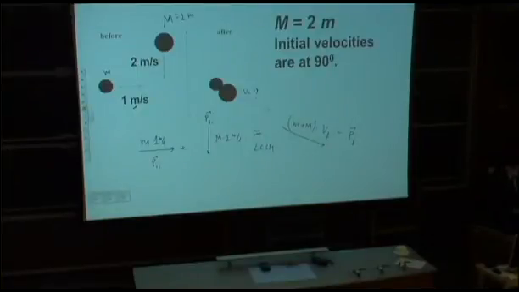Well, so m times 1 plus 2 times m times 2 should be equal to m plus 2m times this. This is a number times an arrow. That's what it literally is.